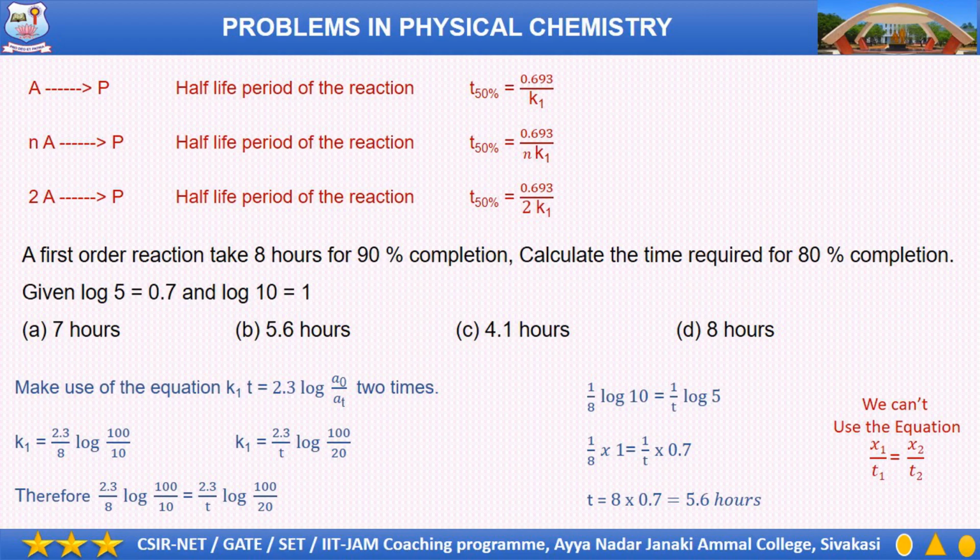Calculate the time required for 80% completion. Given log 5 is equal to 0.7, log 10 is equal to 1.